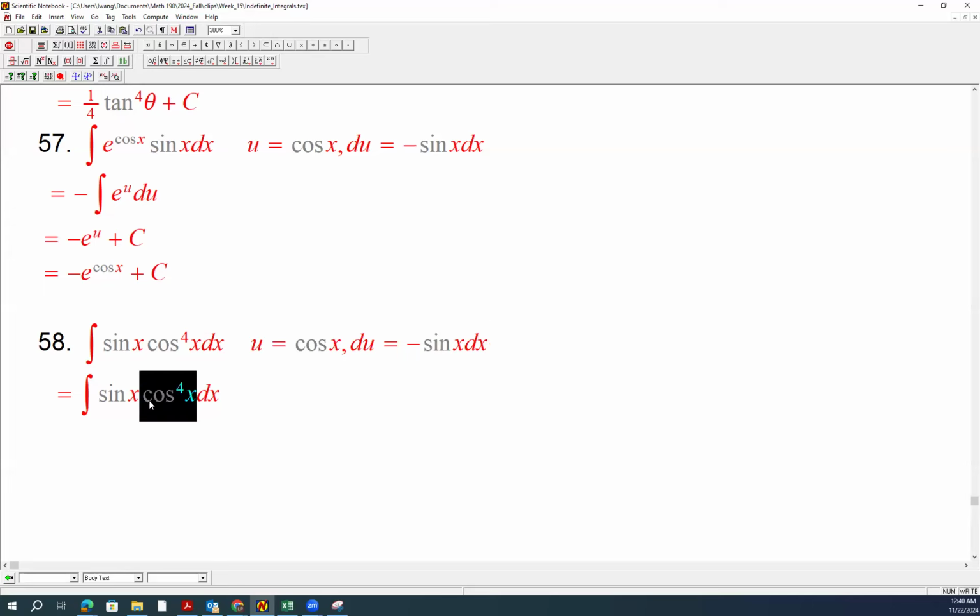So this is going to be u to the power 4. Sine x is going to join the dx, and it's a negative du again. So this is a negative du.